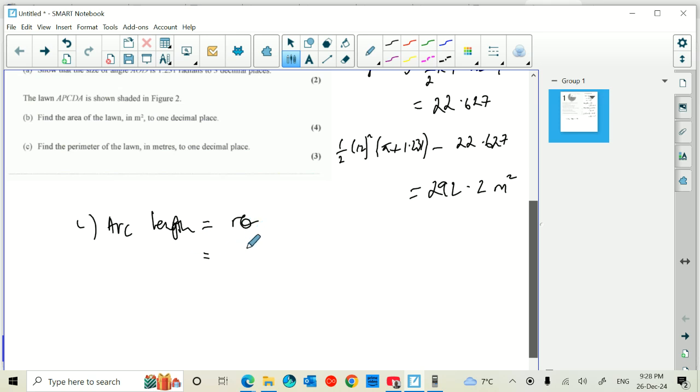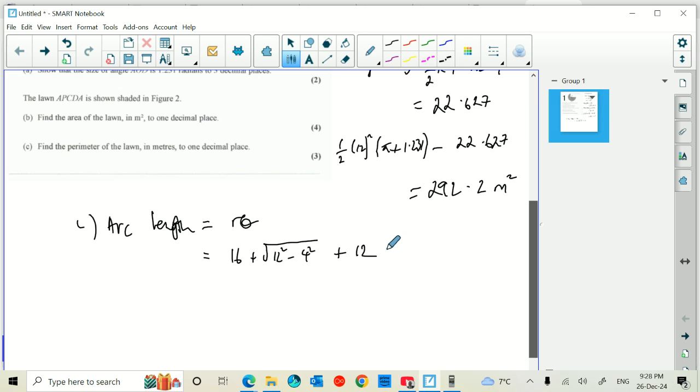So we're going to substitute in values. The length is 16, plus, don't forget, we've got to do the height, which is the square root of 12 squared minus 4 squared, plus the radius, and r theta, which is 12 times pi plus 1.231.